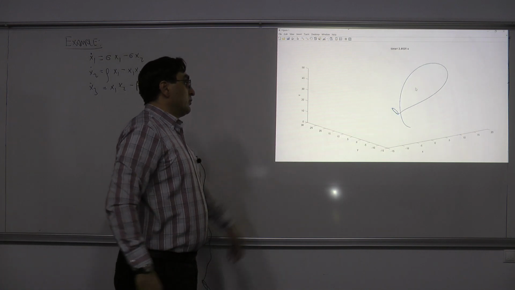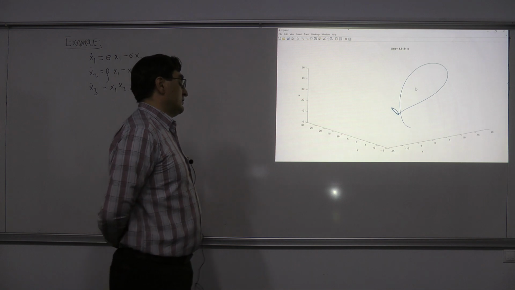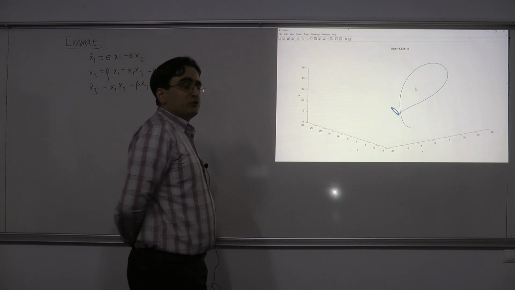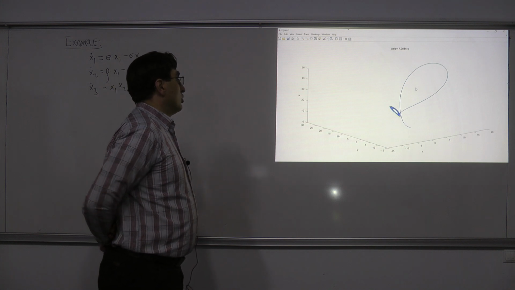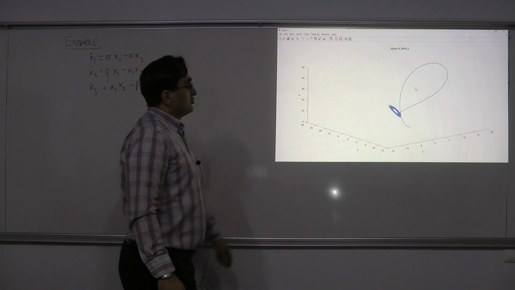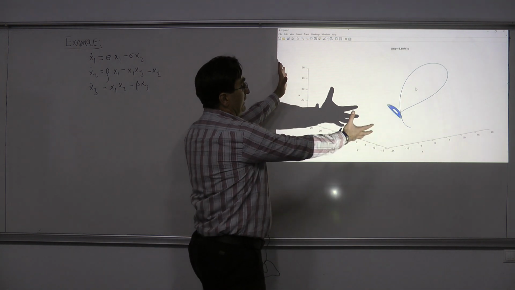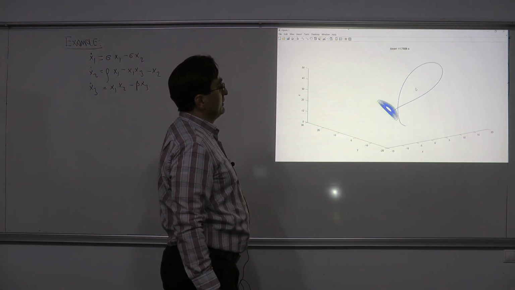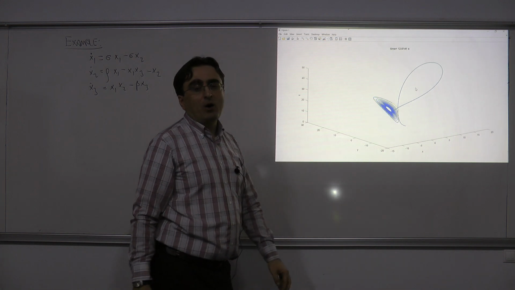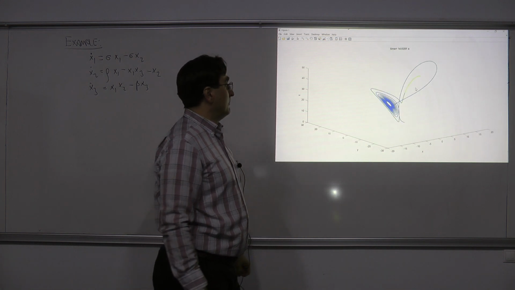So this figure is a very, very famous figure of the trajectories of the Lorenz attractor. So you would see that the trajectories would never leave this rectangular region here. They always remain in a bounded region forever.